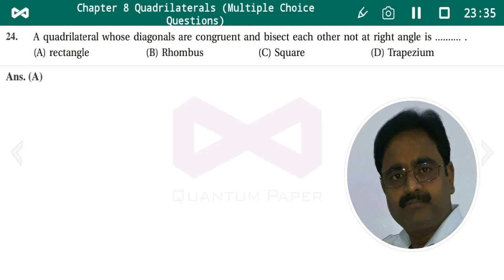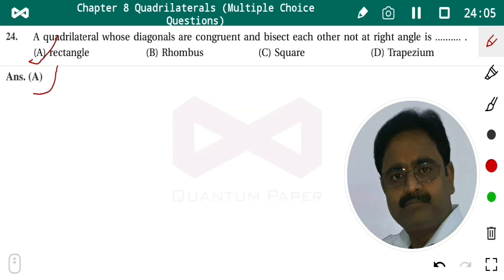A quadrilateral whose diagonals are congruent, means diagonals equal हो and bisect each other, मिड पॉइंट पे इंटरसेक्ट करते हो, नॉट एट राइट एंगल, राइट एंगल पे इंटरसेक्ट ना करें. तो ऐसा कौन सा फिगर है? स्क्वायर अगर लेते हैं तो वो राइट एंगल पे करता है, रोम्बस लेते हैं वो भी राइट एंगल पे होता है, ट्रेपेजियम में तो नहीं होता, डायगोनल्स भी इक्वल नहीं होते. इट मीन्स हमारा आंसर कौन सा? ऑप्शन नंबर ए, रेक्टेंगल. जिसके डायगोनल्स इक्वल होते हैं, बाइसेक्ट भी करते हैं, लेकिन राइट एंगल पे इंटरसेक्ट नहीं करते. दैट्स वाई ऑप्शन ए इज राइट फॉर दिस क्वेश्चन.